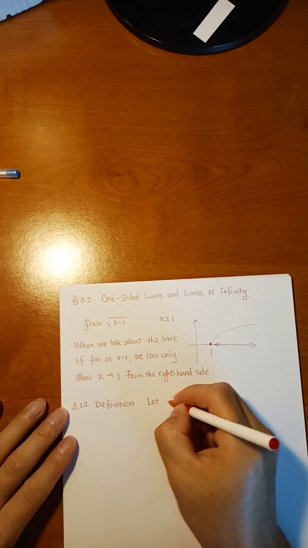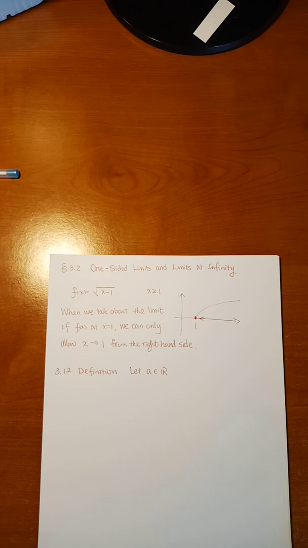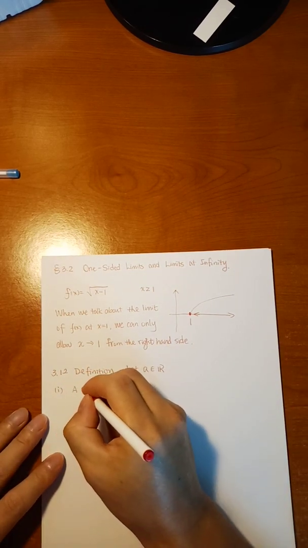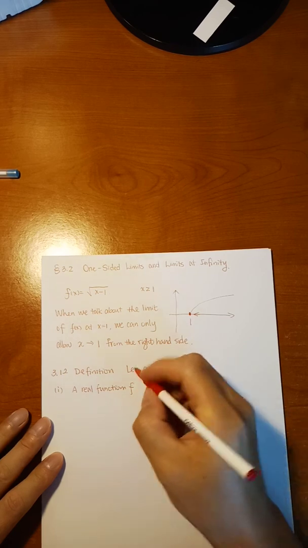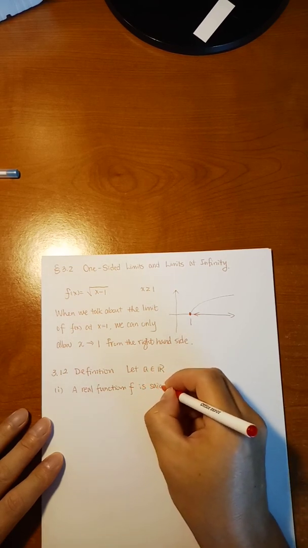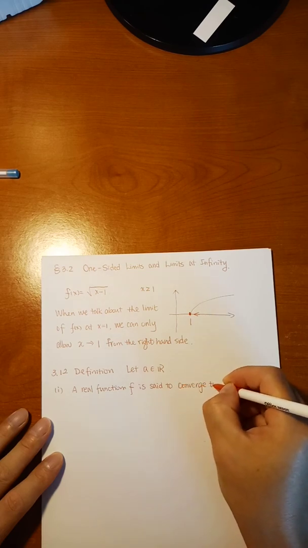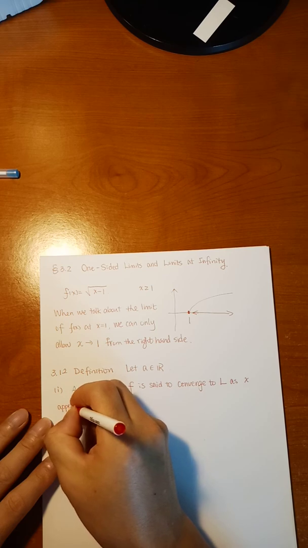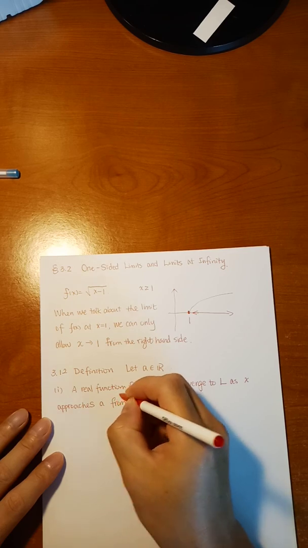So let A be real. First, a real function f is said to converge to L as x approaches A from the right.